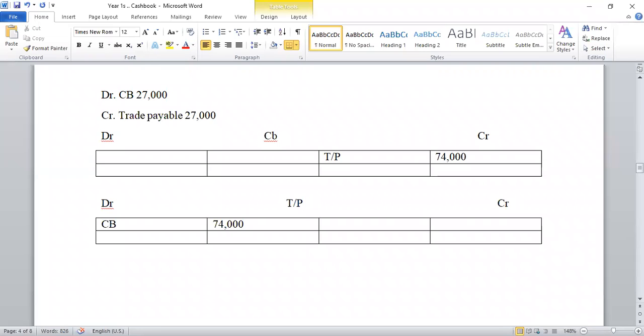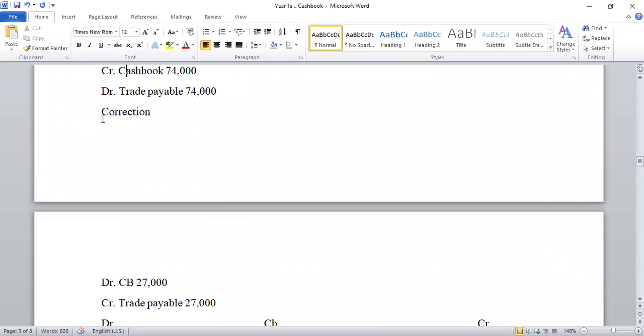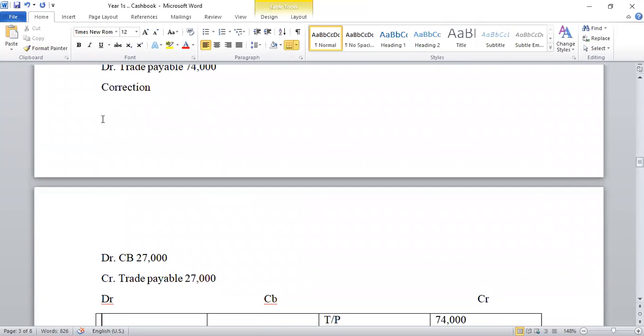So the only way I can make this cash book balance and go back to normal, such that I have a credit of 47, is when I debit with an opposite entry. And this is what I was saying, the correction: debit the cash book with 27 and credit trade payables with 27.